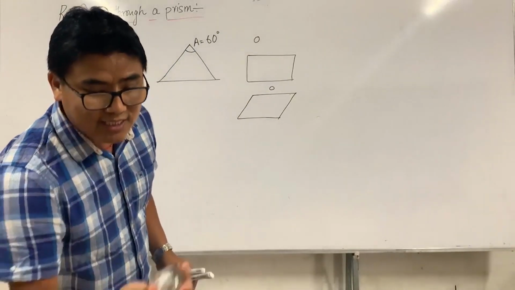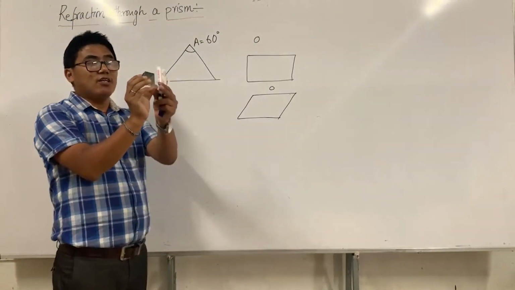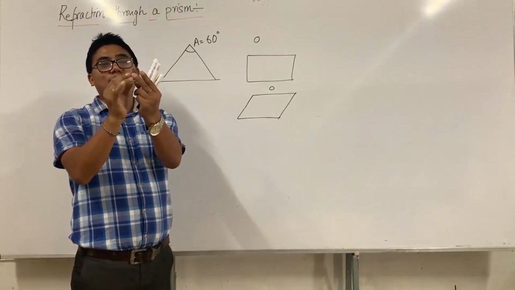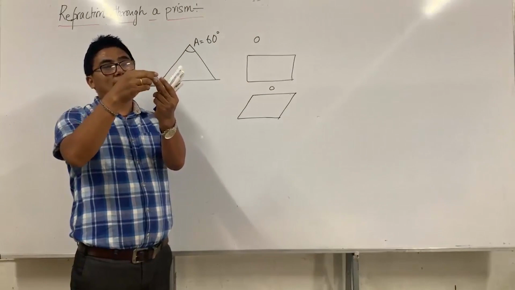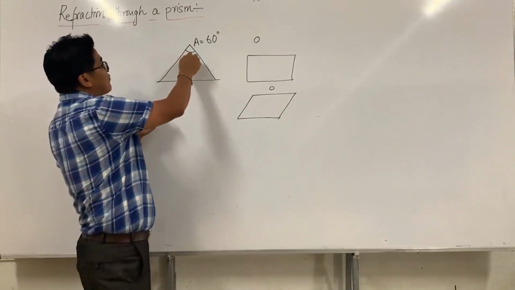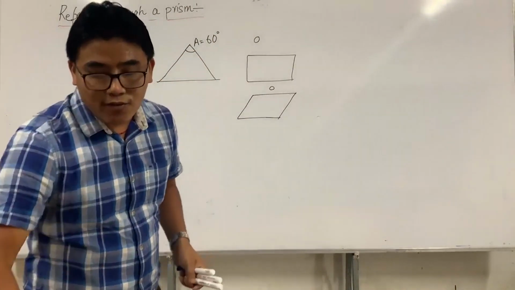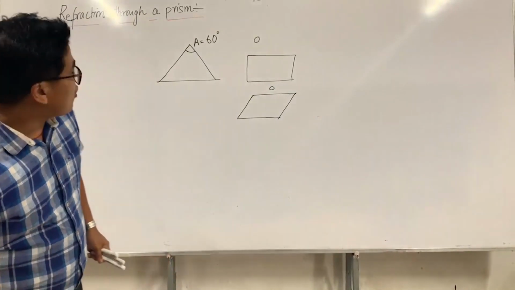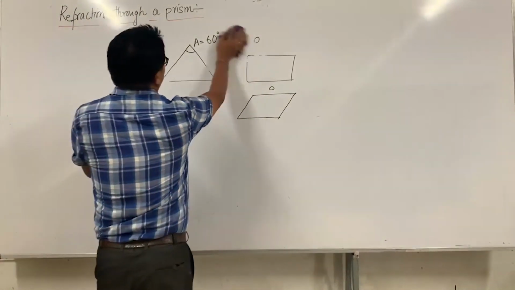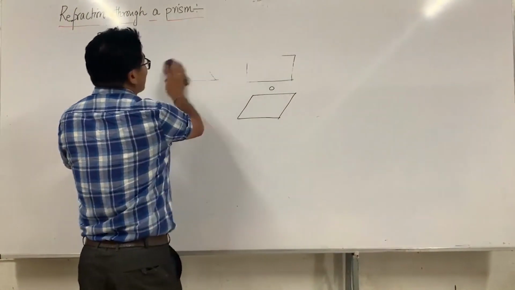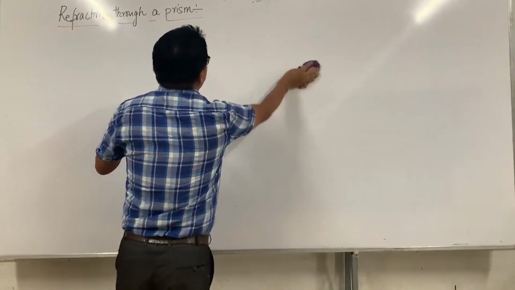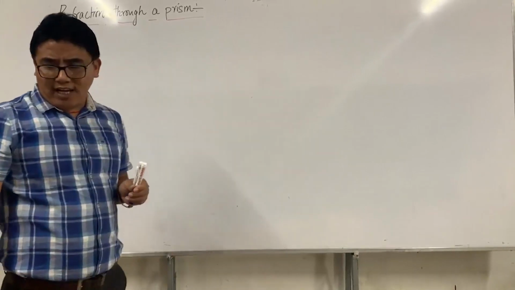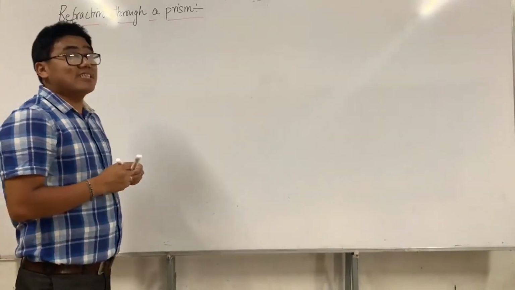So I'll give you this example. This is the prism. Alright? Look here, this face and the other face are inclined in opposite directions, and that makes an angle, and this angle is what we call the angle of prism. Alright? So now today we are going to do refraction of light through a prism. Whenever we talk about refraction of light, we should keep in mind Snell's law.